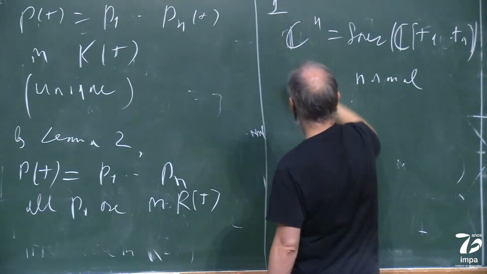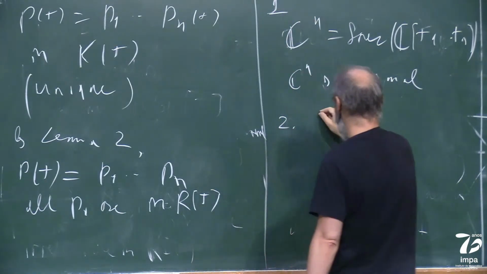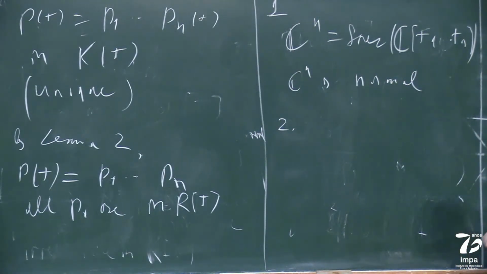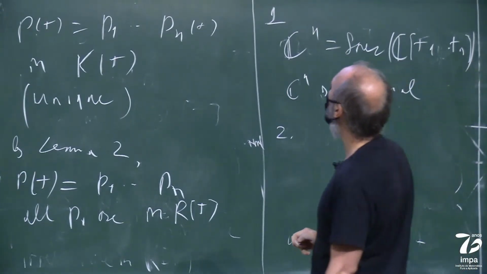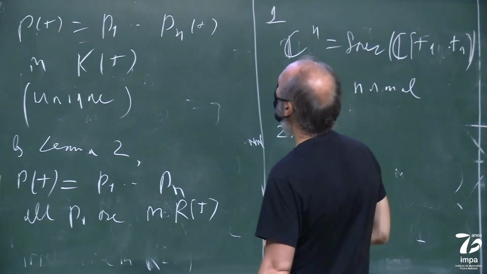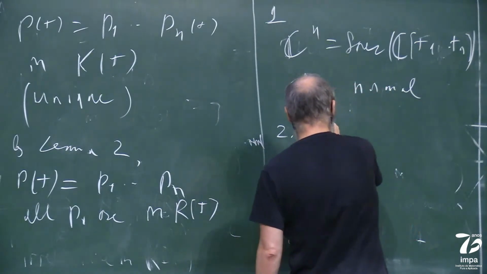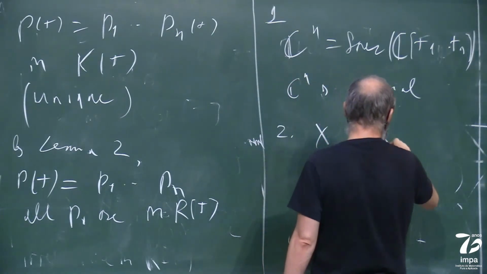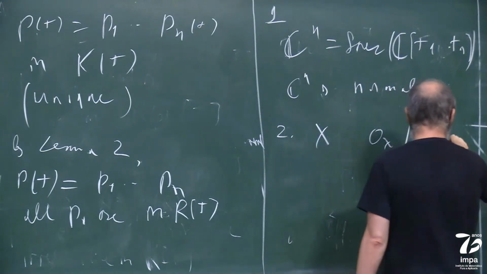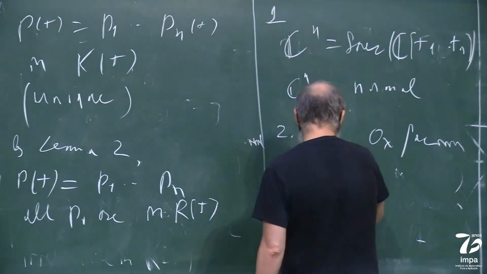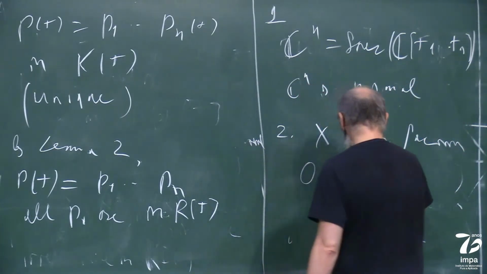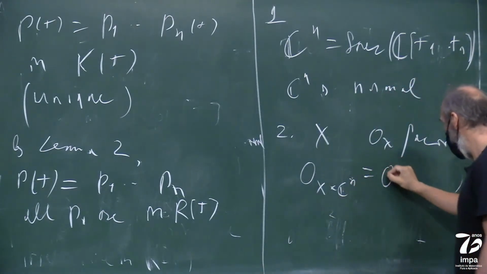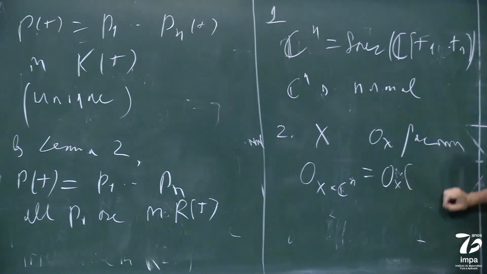This is the first consequence, and the second is you can start with anything which is already factorial. So you start with X such that O of X is factorial. Then O of X times Cn is polynomials over O of X in T1 to Tn.